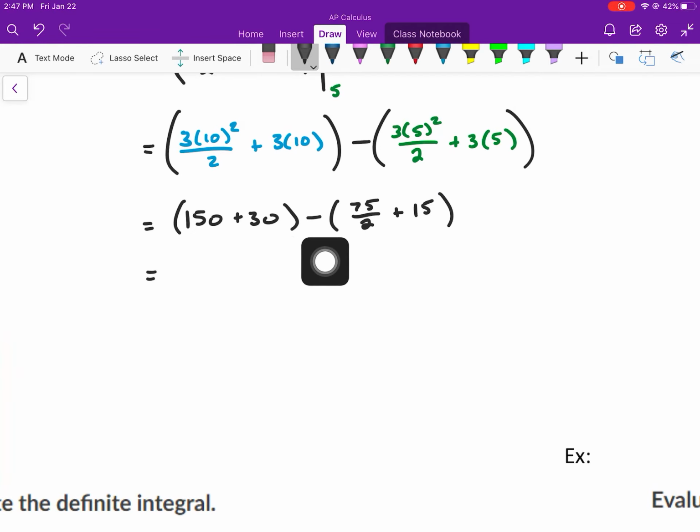So that's 180, but I'm going to put it over 2. Might as well. 180 times 2 is 360. Minus, and then over here, this will be 30. So 75 plus 30 is 105 over 2.